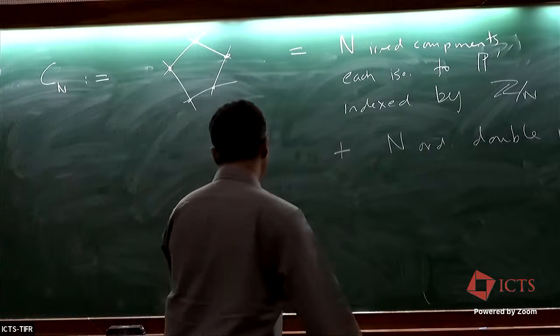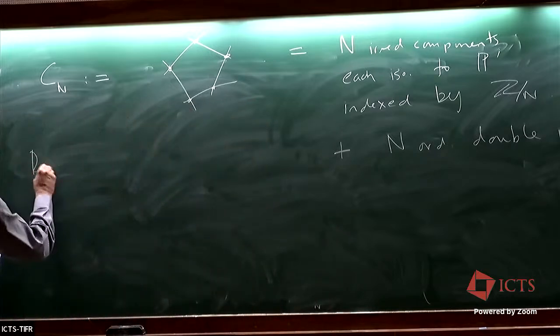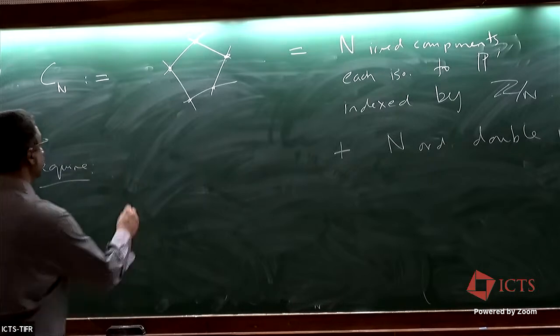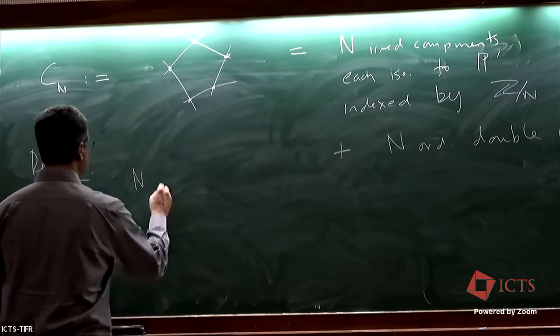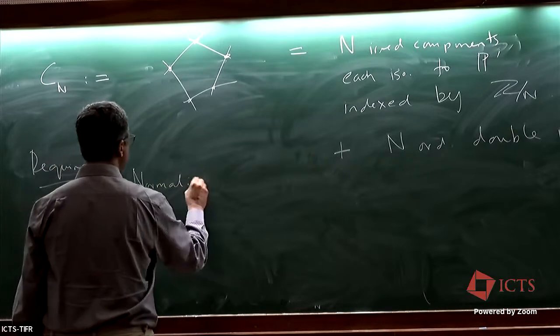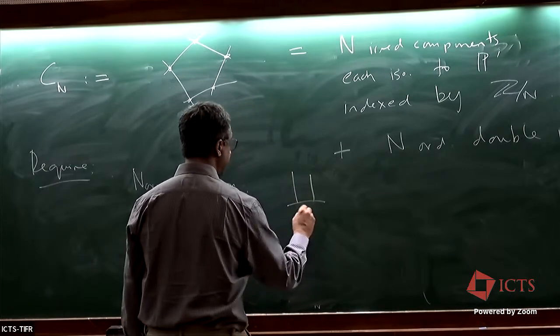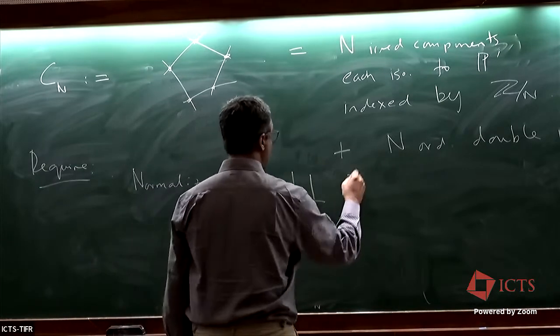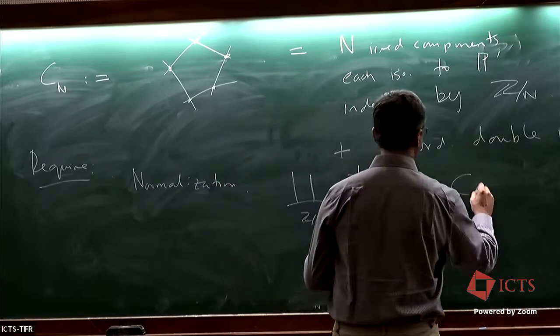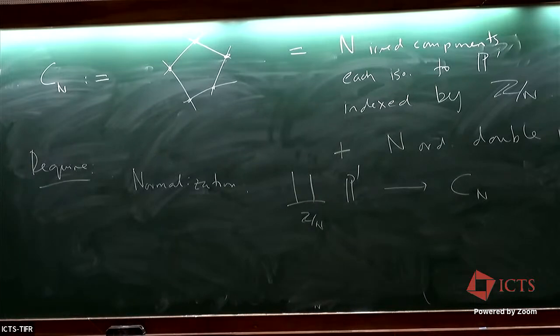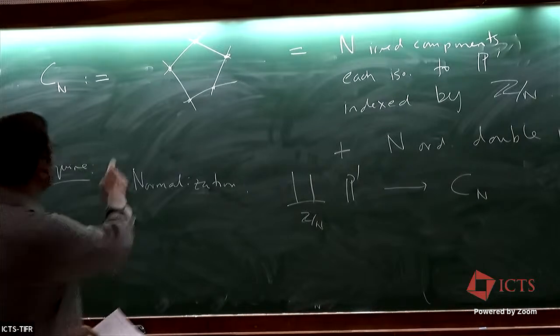Okay, n ordinary double points, and we require that under the normalization, which is just a disjoint union of these P1s, the point infinity on the ith component and 0 on the (i+1)th component map to the same point.